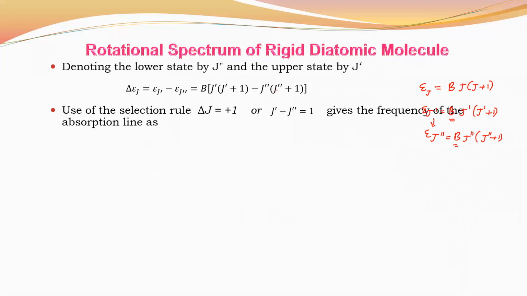Then using the selection rule, we know that the selection rule for rotational spectroscopy is delta J equal to plus or minus 1. Here we take delta J plus 1, for absorption.